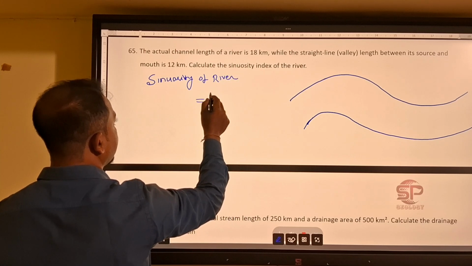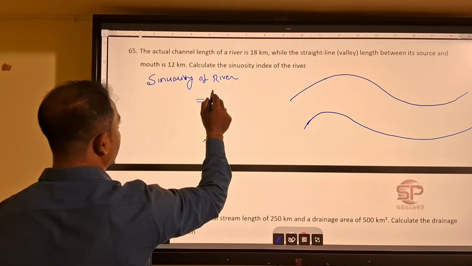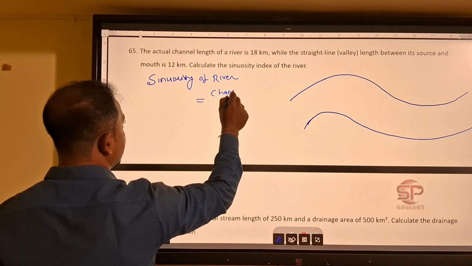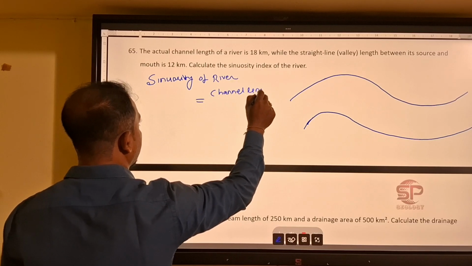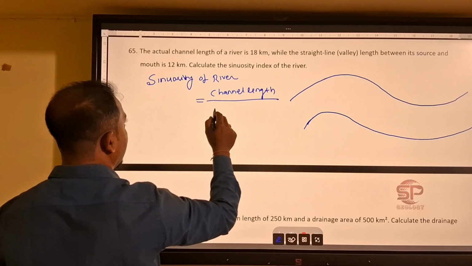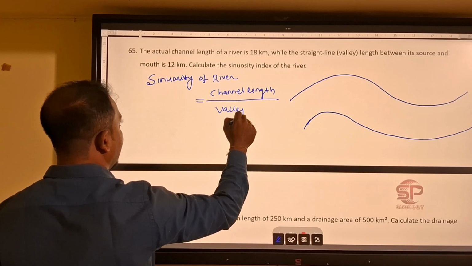It will be channel length divided by valley length.